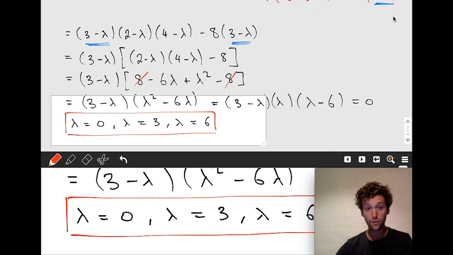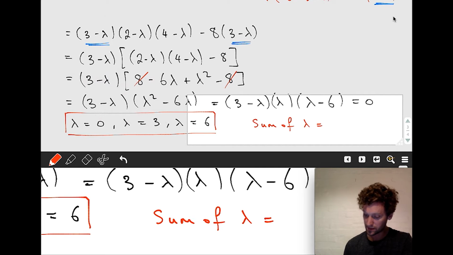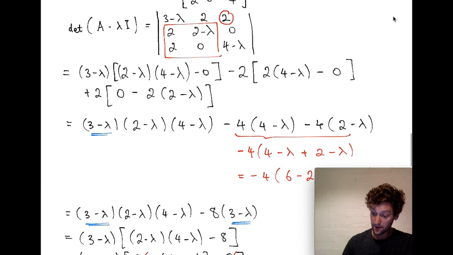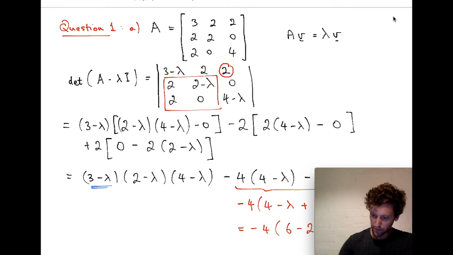Before we go any further, we should check that the trace of my original matrix is the same as the sum of my eigenvalues. The sum of the eigenvalues is 0 plus 3 plus 6, which is 9. Let's look back at A. The sum of the diagonal, 3 plus 2 plus 4, is also equal to 9.